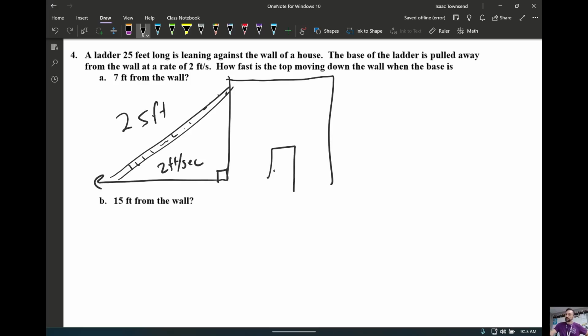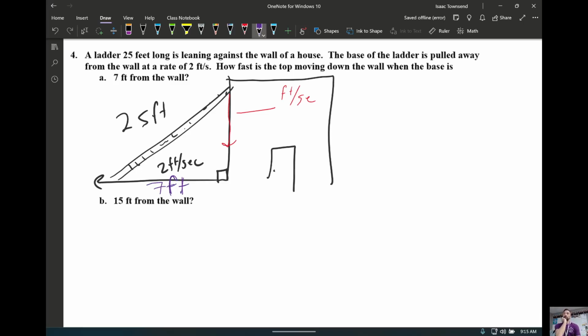How fast is the top moving down? How many feet per second? How fast is the top of the ladder moving down the wall when the base is 7 feet from the wall?